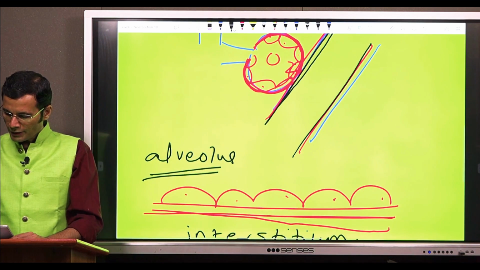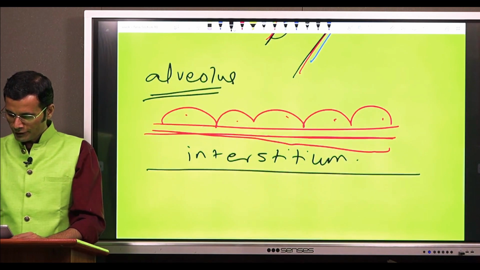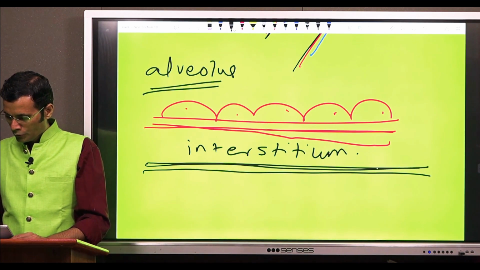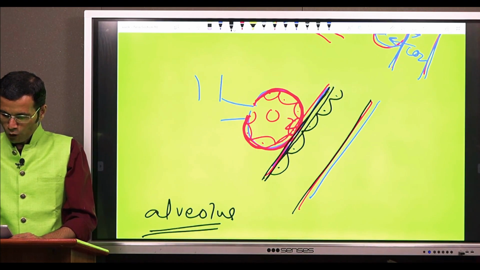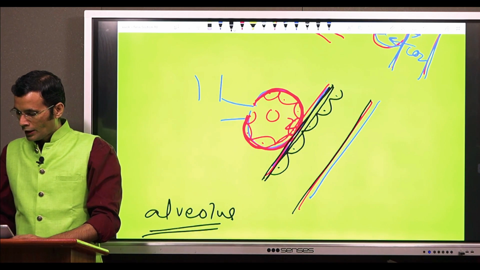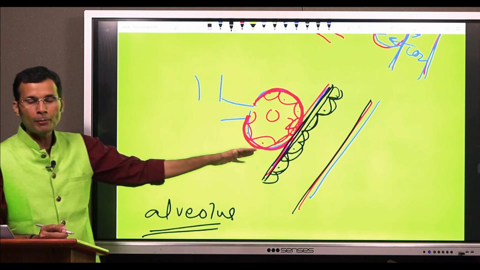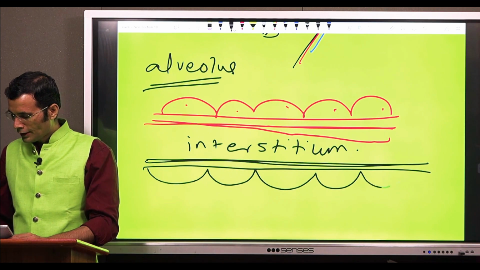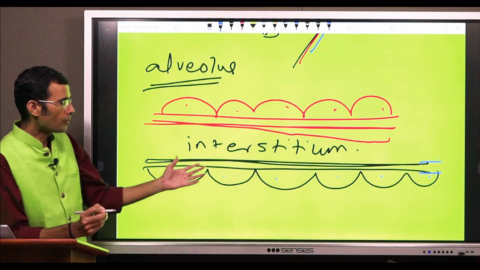So, it starts with the basement membrane of the endothelial cells. So, the basement membrane of these endothelial cells or endothelial lining has the basement membrane, and then the endothelial cells that line the pulmonary capillaries. Endothelial cells lining the pulmonary vessels or pulmonary capillaries.